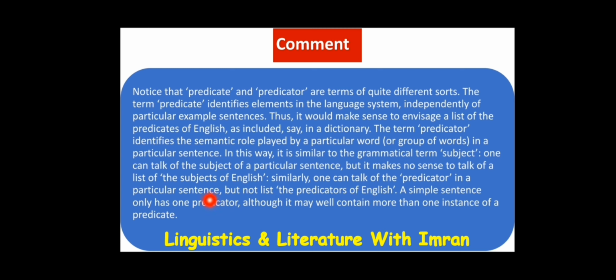It's very important. It will have other words which can give the sense of predicates, but they will not be predicators. So although it may contain more than one instance of a predicate, there will be only one predicator. This is important.